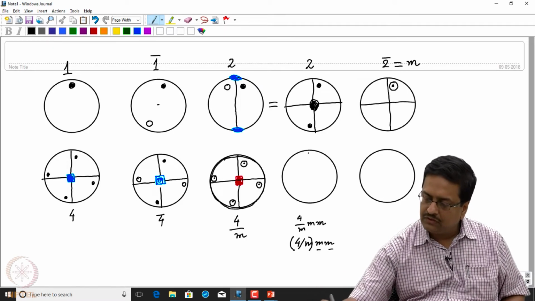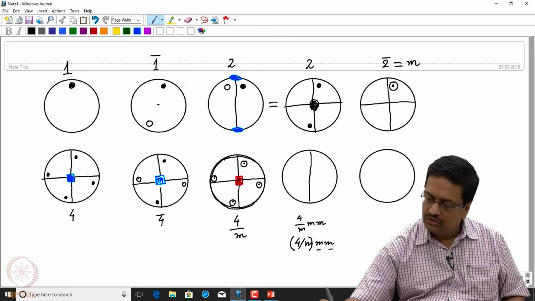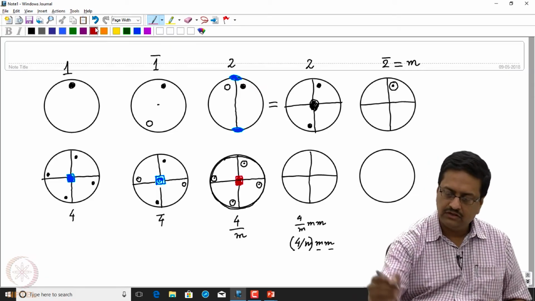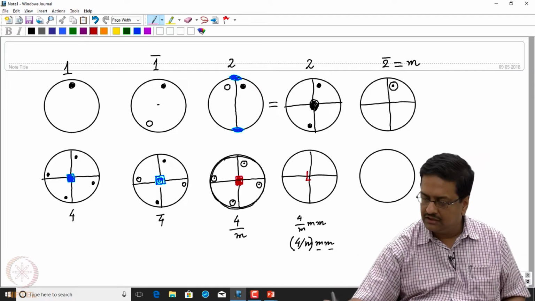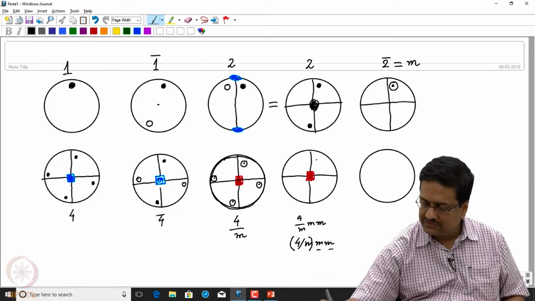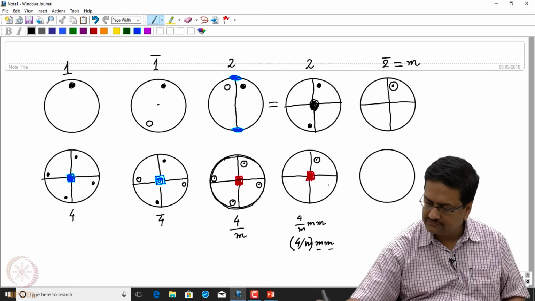So now to identify that, we first draw what we have seen in case of 4 by m. What we have seen in 4 by m is this, which is there on your left.